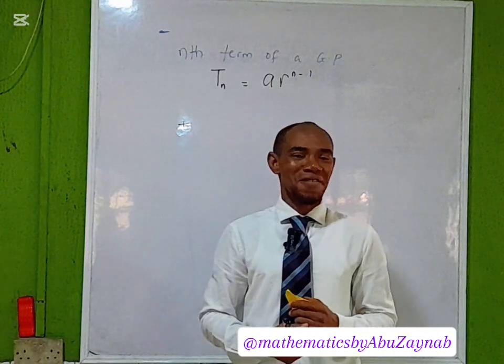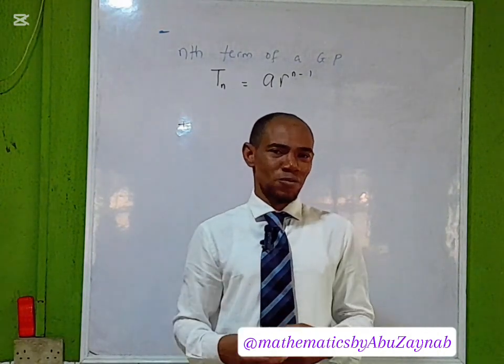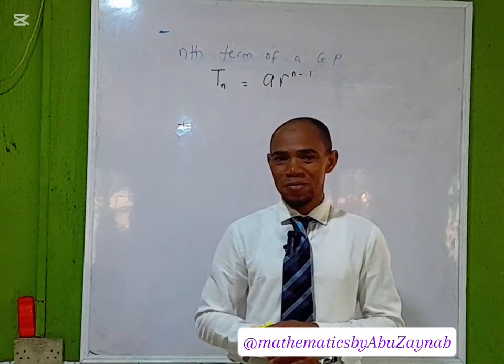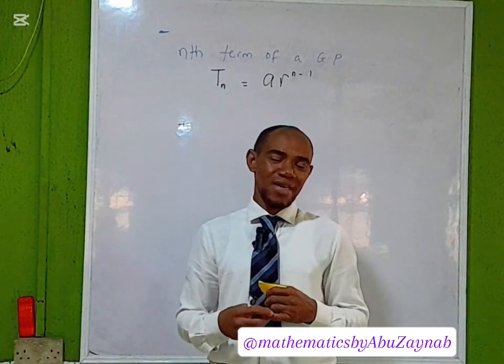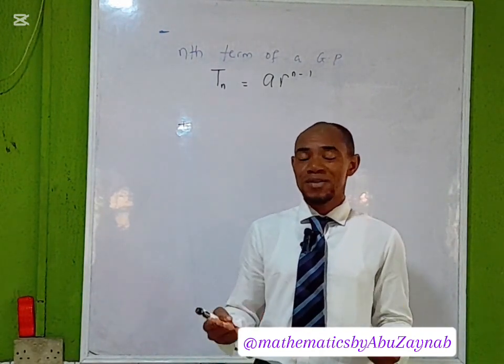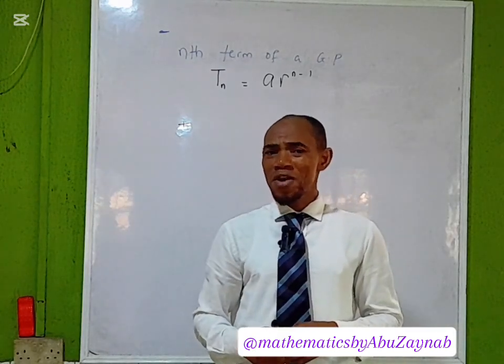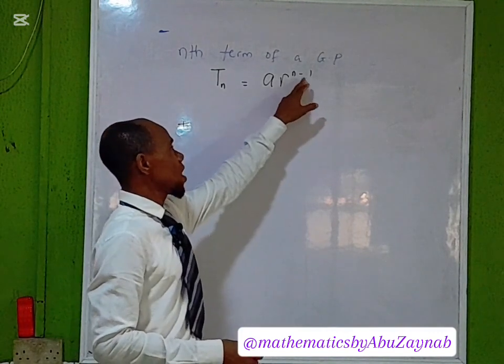Today we are continuing on the topic geometric progression, which was introduced in the last video. In the last video, if you recall, we introduced the concept of nth term of a GP. And from there, we looked at the various parameters that make up the formula. Recall the formula is given as Tn equals A R raised to power n minus 1.